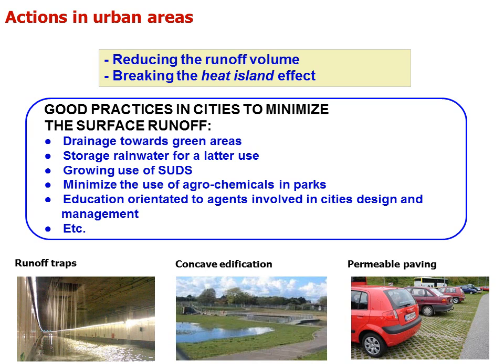Some good practices in cities to minimize the surface runoff are the drainage towards gardens or green areas, the storage of rainwater to be used later, the growing of sustainable urban drainage systems, minimizing the use of agrochemicals in parks, and education oriented to agents involved in cities design and management. Of course, there is an etcetera too.